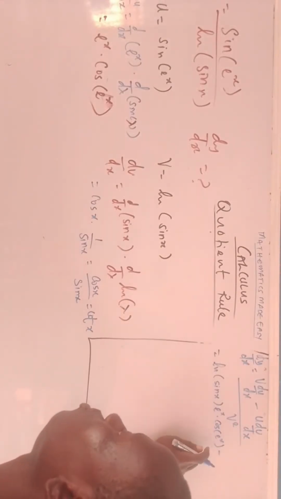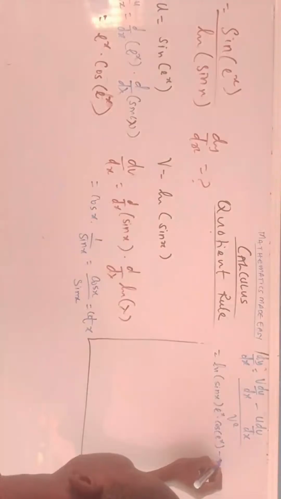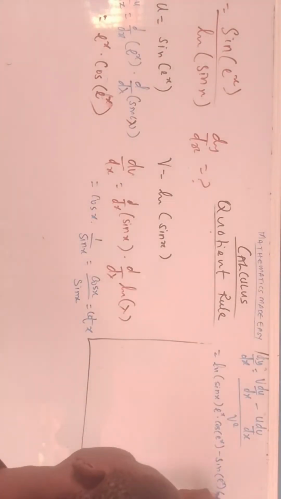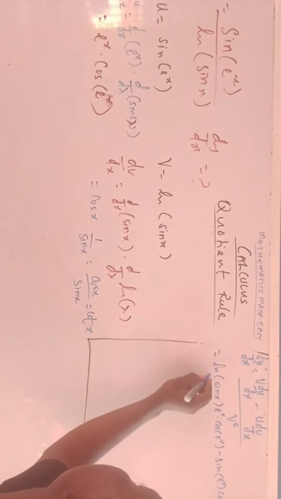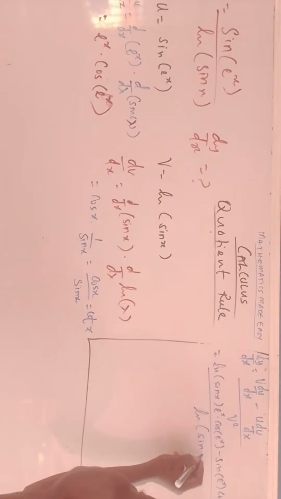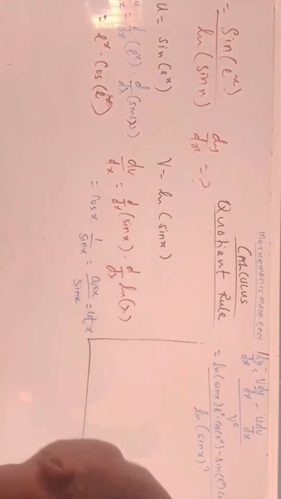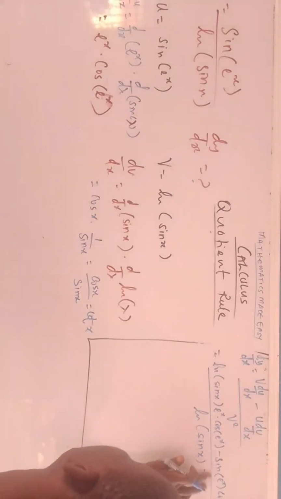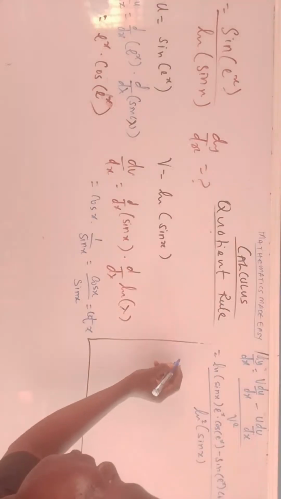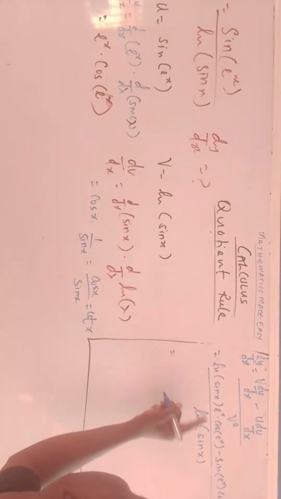So minus u, and our u is sine exponential x, then multiply by dv/dx, which is cot x. Then everything over v raised to the power of 2, that is natural log of sine x to the second power. So this is actually beautiful and nice. So finally, we have our answer.